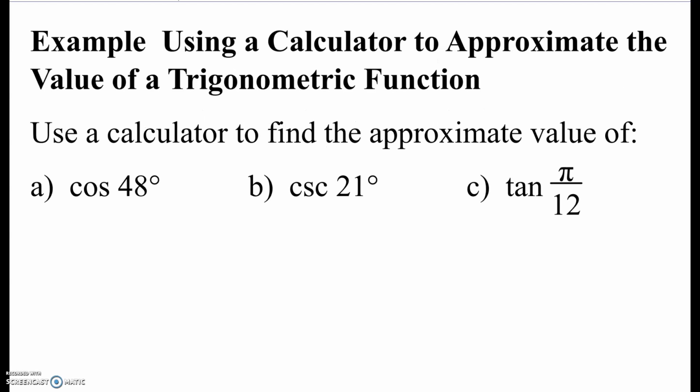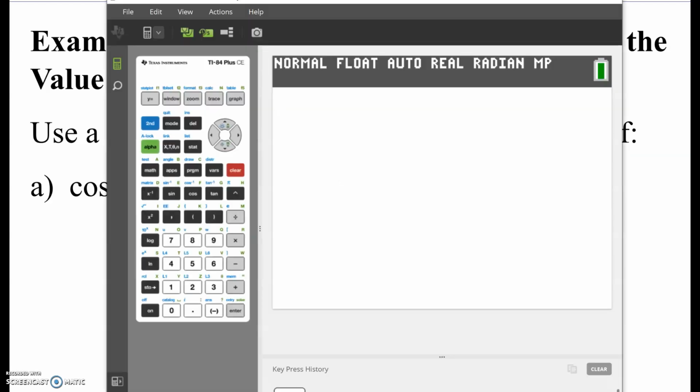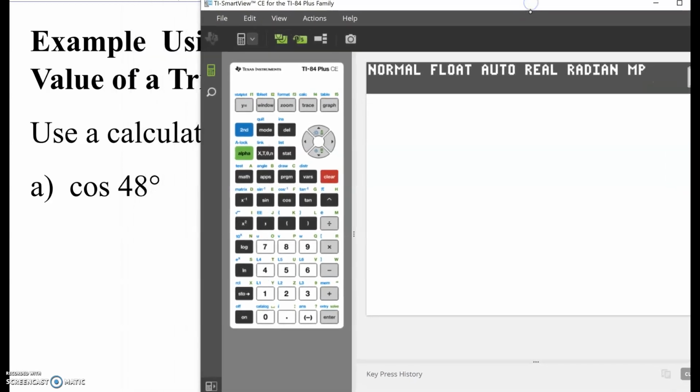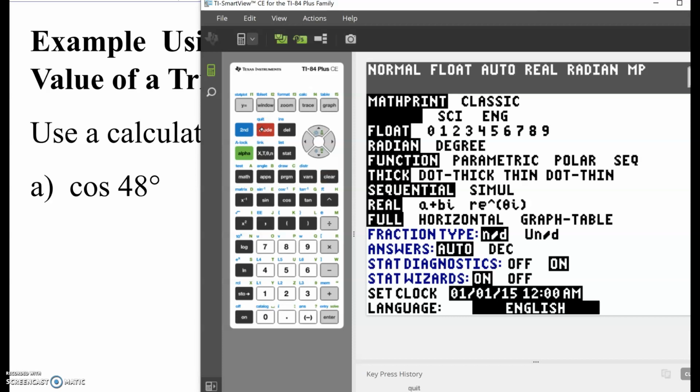So we're going to use a calculator to find the approximate values of cosine 48 degrees. It is in degree mode because our angle is in degrees. So on our calculator, we press the mode button. And if you go down to where it says radian, arrow over to degree and press enter.